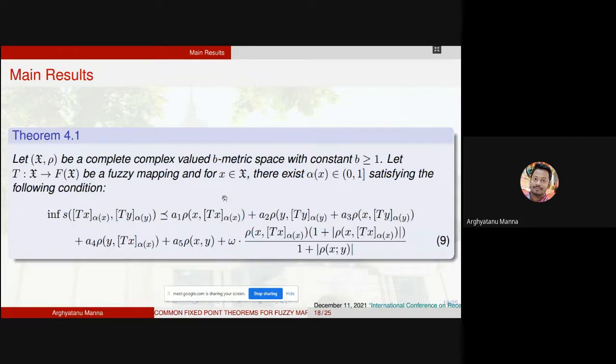The main result is Theorem 4.1. Let (X, ρ) be a complete complex valued geometric space with constant b ≥ 1.